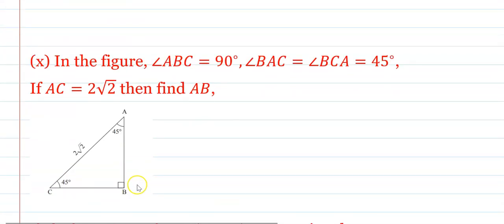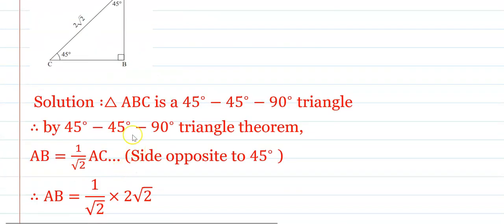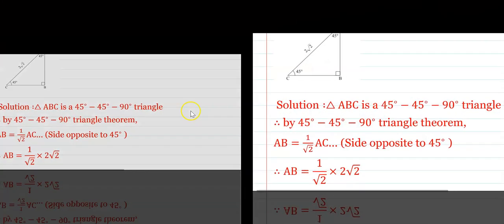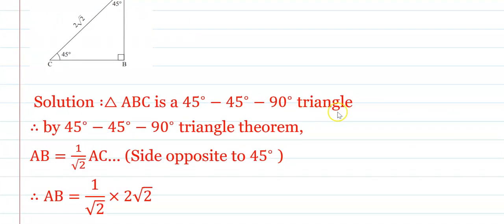Now the next. In the figure, angle ABC is 90 degrees and angle BAC is equal to angle BCA, that is equal to 45. AC is 2 root 2. Then find AB. This is a right angle isosceles triangle. Triangle ABC is a 45, 45, 90 triangle.